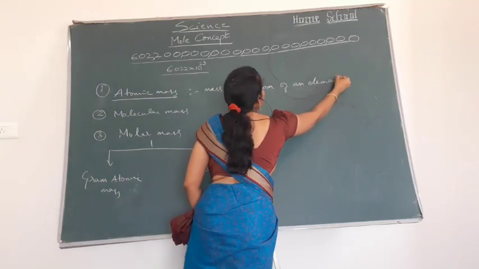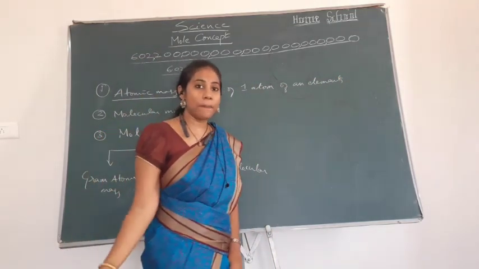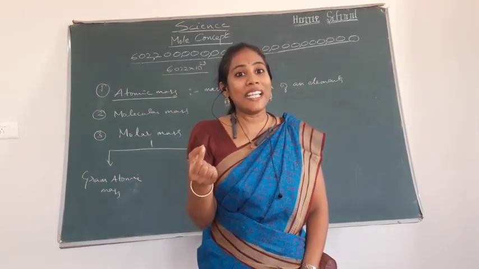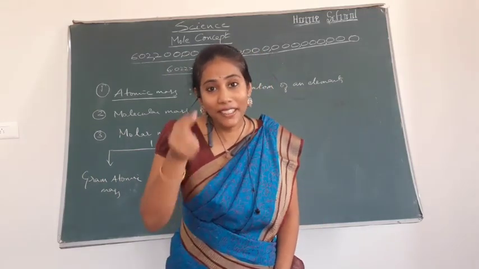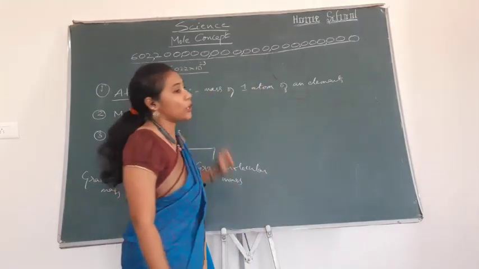You have many elements in our nature, yes or no? Hydrogen, oxygen, sodium, magnesium, many elements. A piece of an element may contain lakhs and lakhs of atoms. So one atom's mass we will call atomic mass.